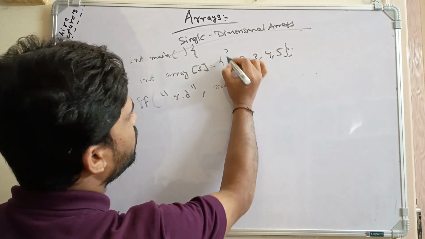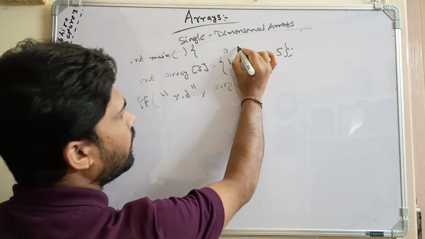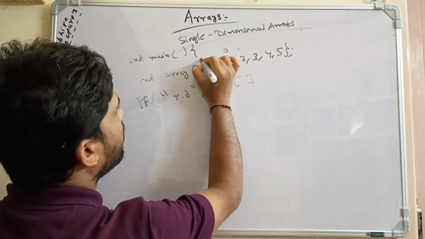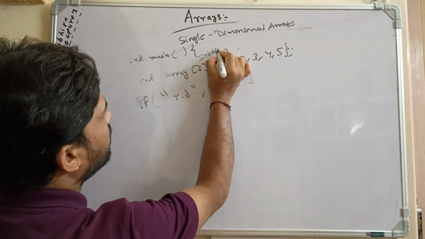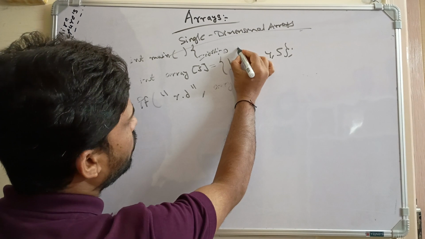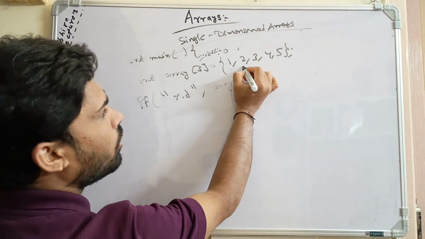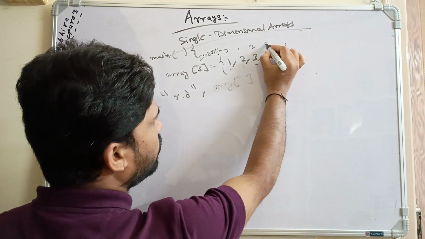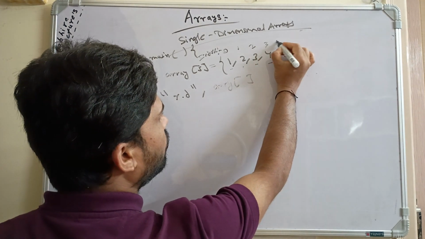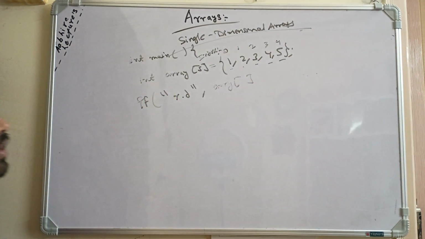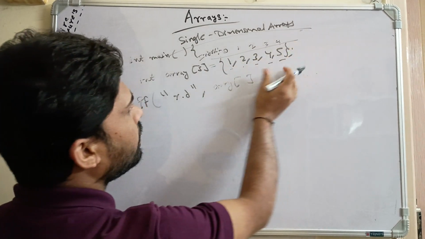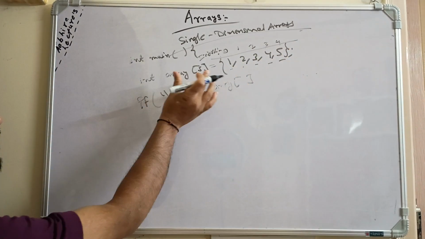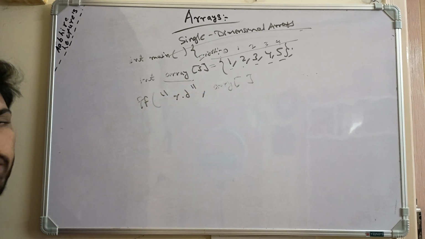Index 0 is 1, index 1 is 2, index 2 is 3, index 3 is 4, index 4 is 5. So this is the index and this is the value we initialized in this array variable.